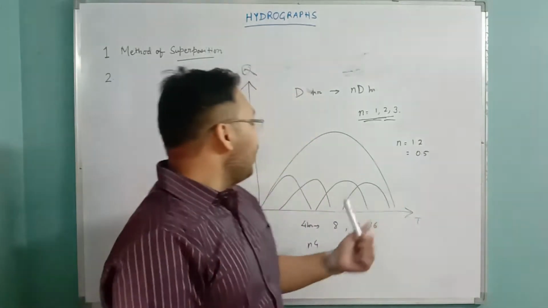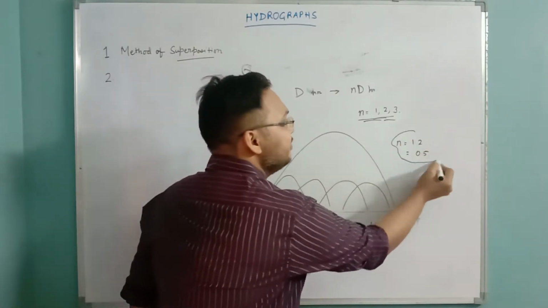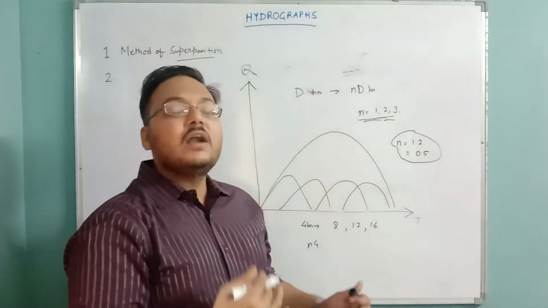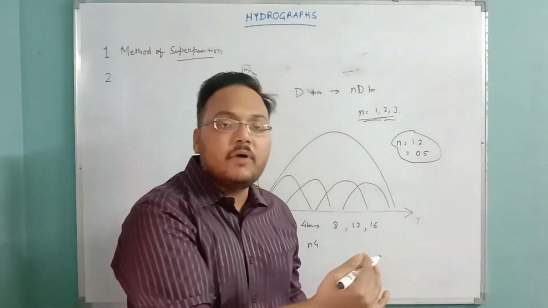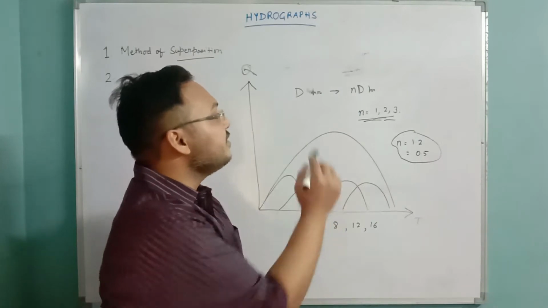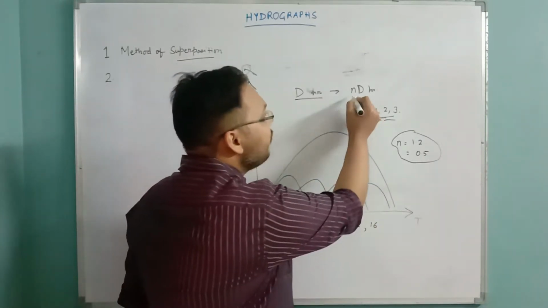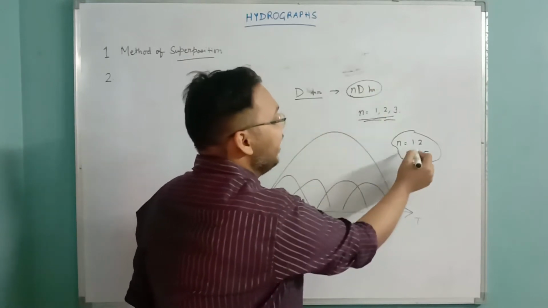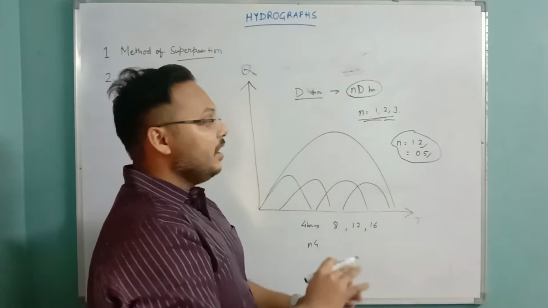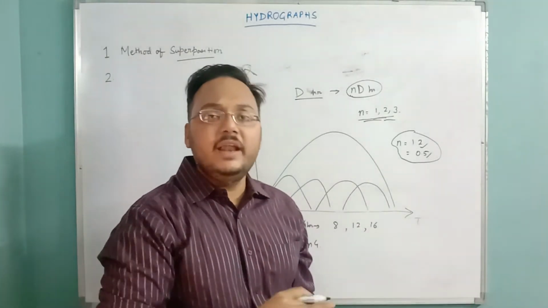So now, if there is some situation where n is equal to 1.2 or 0.5, we are going to study another type of hydrograph, where we will be given a D-hour hydrograph and asked to find the nD-hour hydrograph, but n is not an integer, it's some other number like 1.2, 0.5, 0.6, 0.7, anything.